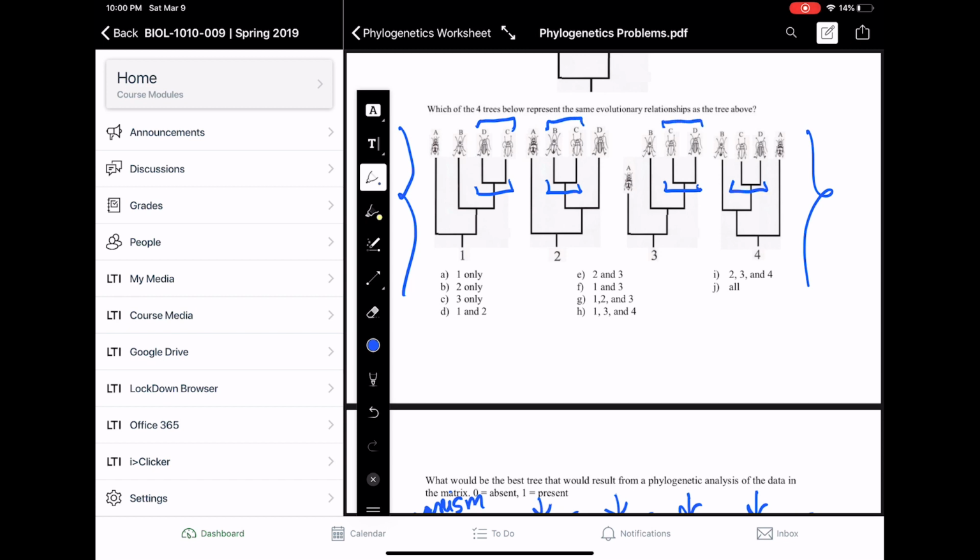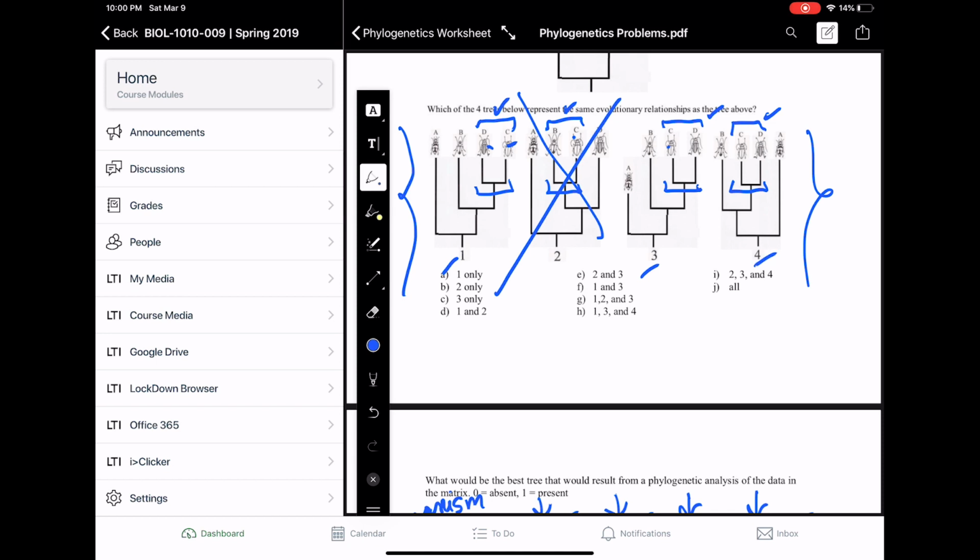So tree number 4 has C and D, 3 has C and D, 2 has B and C, and 1 has D and C. So we can discard this tree, right? Because this one has B and C instead of having D and C. And these 3 trees have C and D.